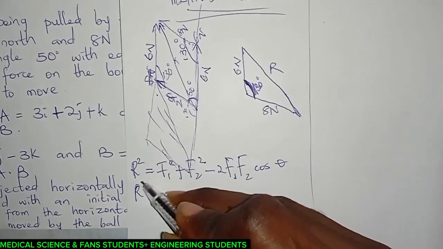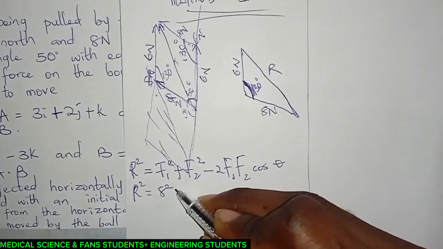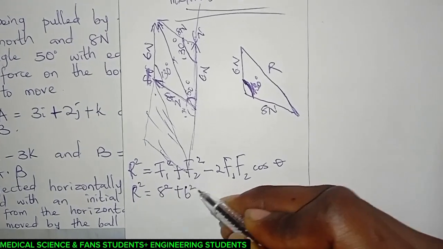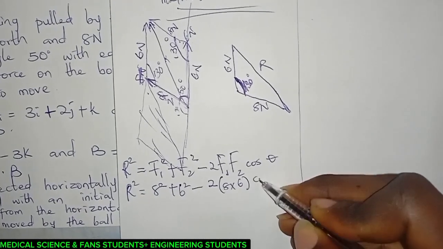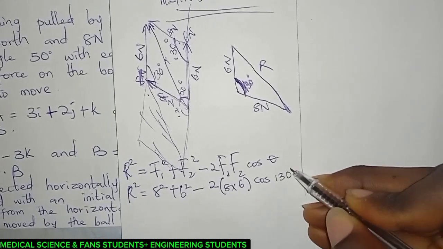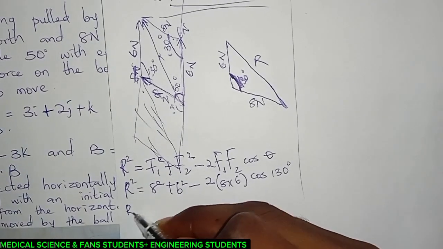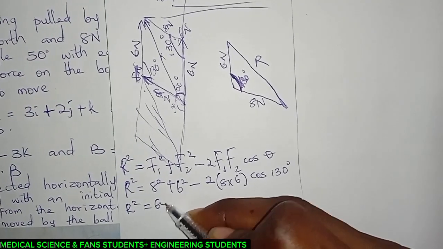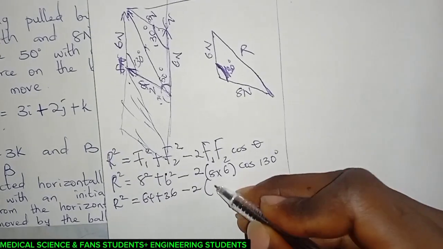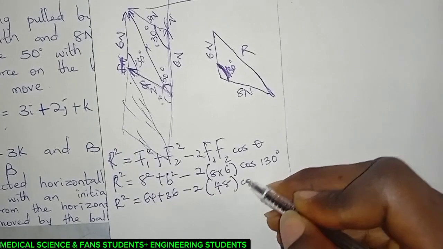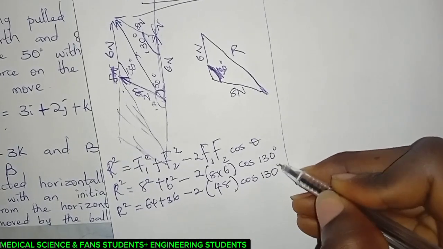So I have R squared equals 8 squared plus 6 squared minus 2 times 8 times 6 cos 130 degrees. R squared equals 64 plus 36 minus 2 times 48 cos 130 degrees.